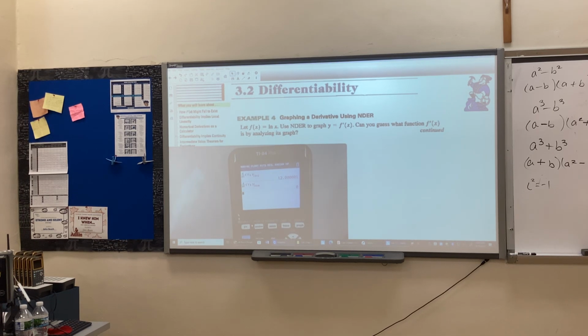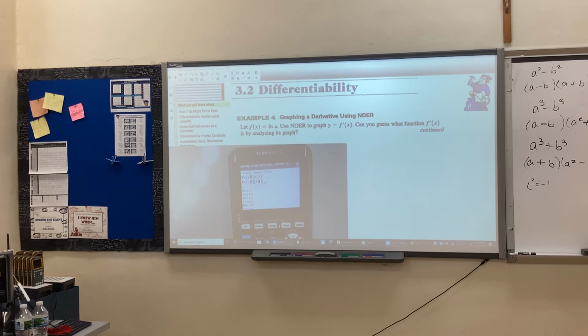Under y equals, we're going to put the natural log of x, and then under y2 we're going to use n-deriv. So math 8, x still there. We're going to put y1 inside of the derivative, so we're taking the derivative of the first function.